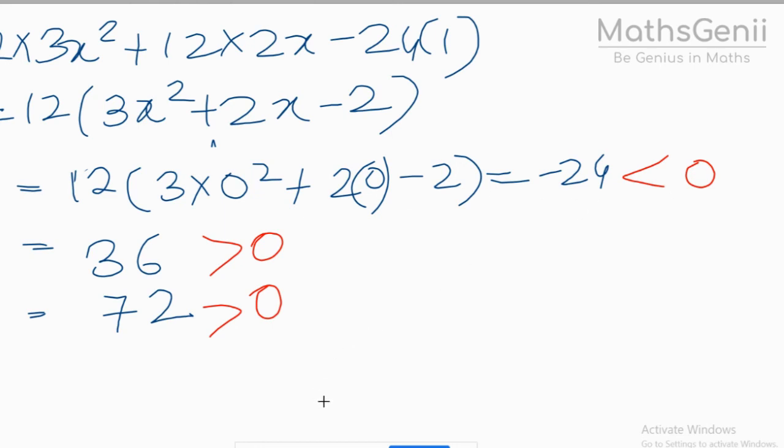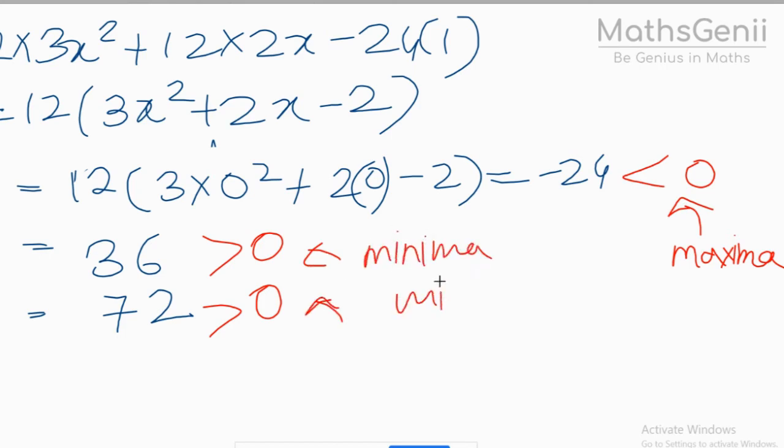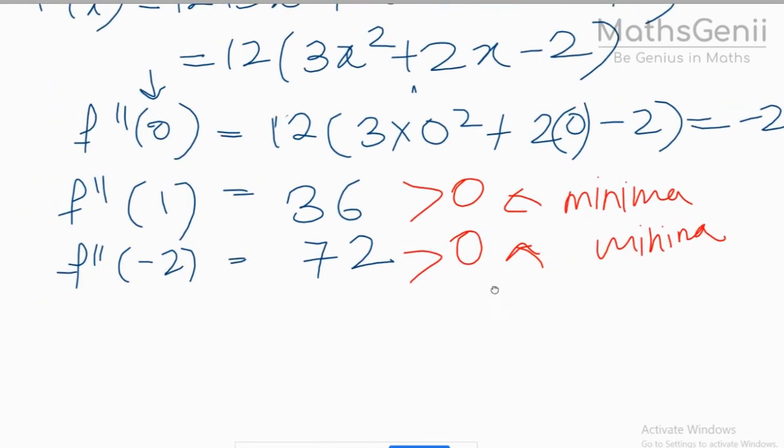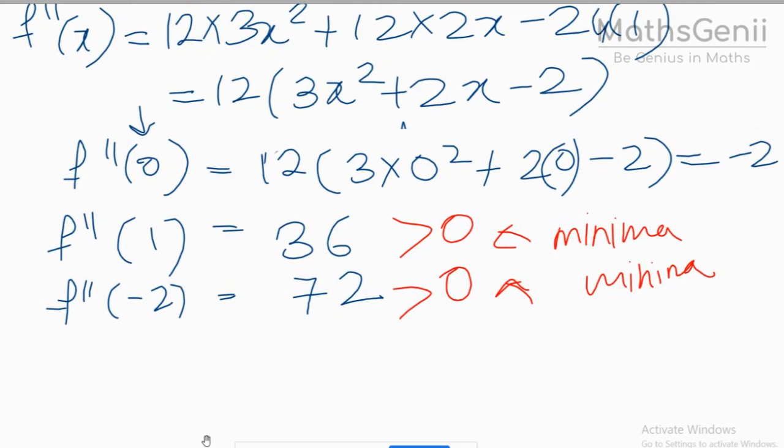So minus 24 is your maxima value. And if it is greater than 0, then that is minima. So for 0 you are getting maxima value, and for 1 and minus 2 you are getting minima value.